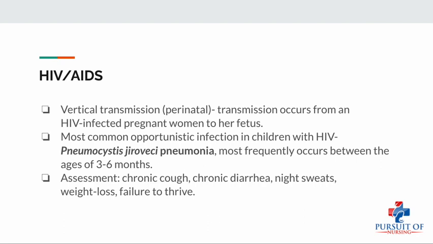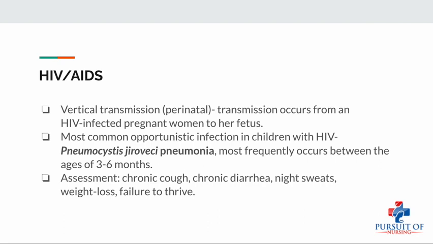And then they should only receive the inactivated flu vaccine that is given IM and the inactivated polio vaccine that is given IM. So definitely know that if a patient has symptomatic HIV or if they're severely immunocompromised, they should not receive the measles vaccine, rotavirus vaccine, or the varicella-zoster virus vaccine, and they should only receive the inactivated flu vaccine and the inactivated polio vaccine that are both given IM.